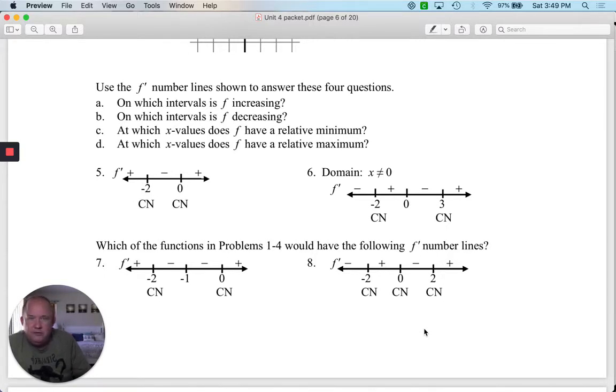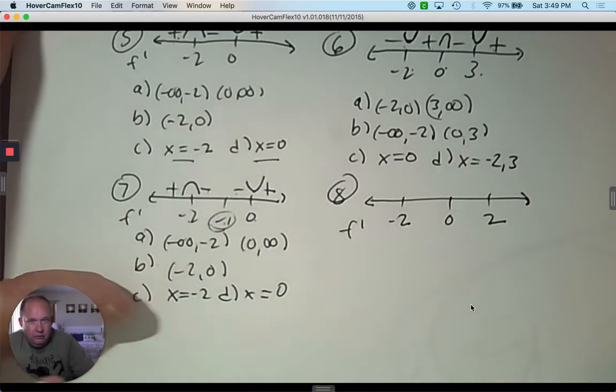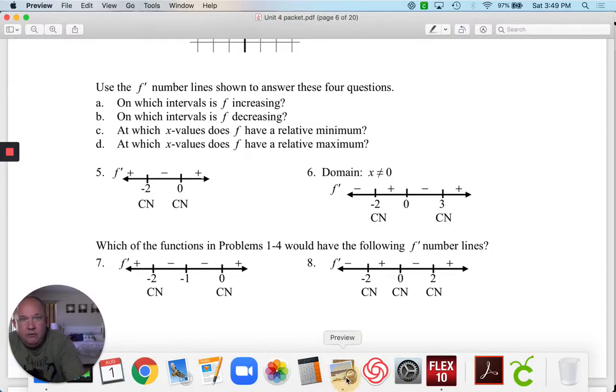There's like 2 questions here, so I was just reading them carefully. So we have negative 2, 0, and 2. And then we have to see which one of these would match what we did in 1 through 4. So we'll go back in a second. So let's finish this first. Oh, I forgot to put the signs on here. So it goes negative, positive, negative, positive.